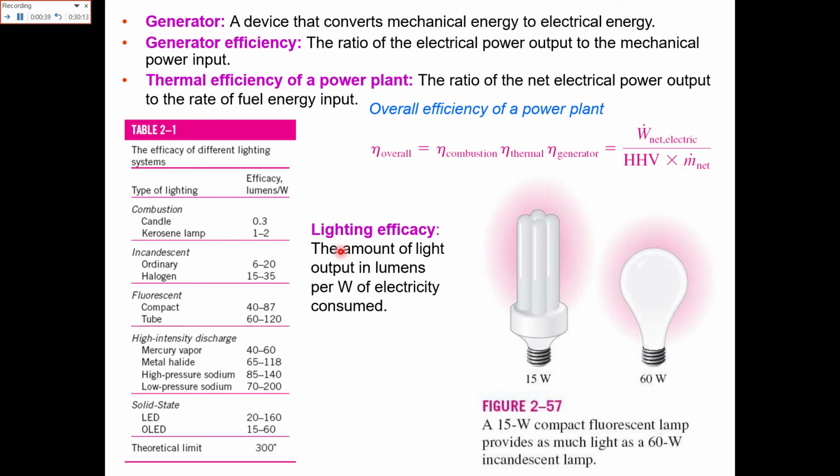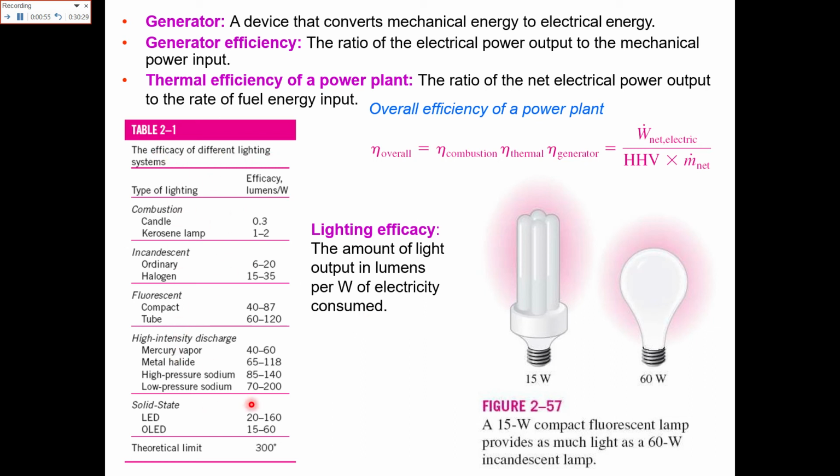Now the lighting efficiency: the amount of light output in lumens per watt of electricity consumed is known as the lighting efficiency. The efficiency of different lighting systems is given here.